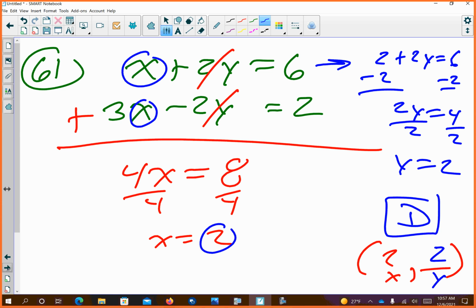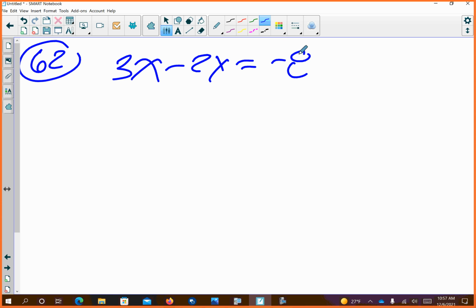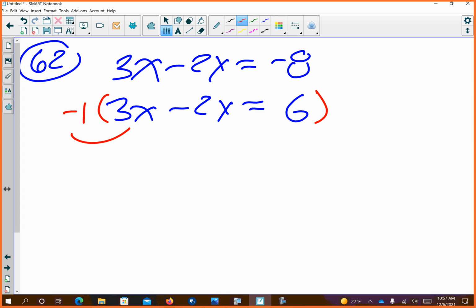And then last problem I'm going to do for the day, 62. 3x minus 2y equals negative 8. 3x minus 2y equals 6. If I add these together right now, what's going to happen? Yeah, but I have to make sure. I'm going to pick one of these and multiply everything by a negative 1.